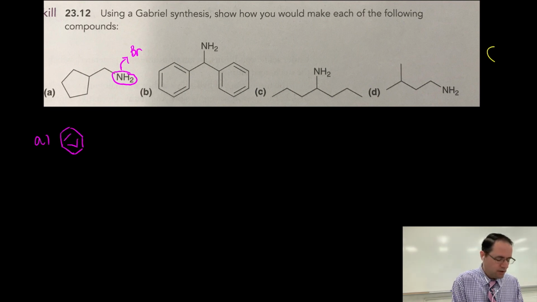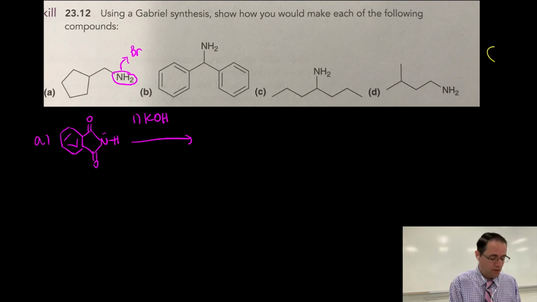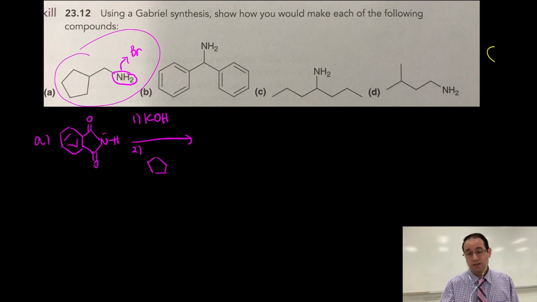So what you always want to do is start with your phthalimide. Draw it all out. And remember, you're going to have 3 steps. The first step is going to be potassium hydroxide. The second step is going to be this molecule without the NH2 but with the bromine.